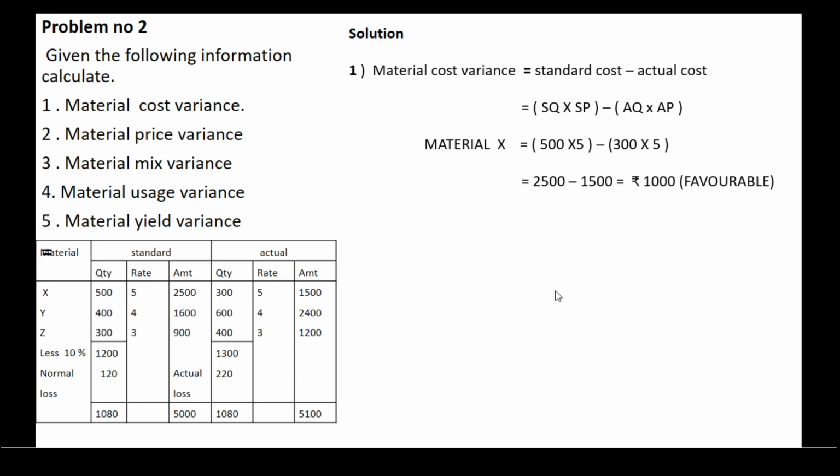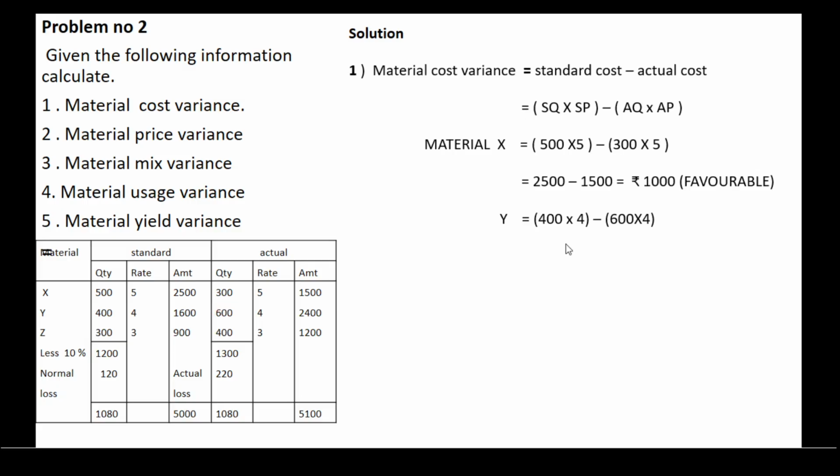And next we calculate the material cost variance for the material Y. Here for the material Y, the standard quantity is 400, the standard price is rupees 4, minus the actual quantity 600 into actual price rupees 4.